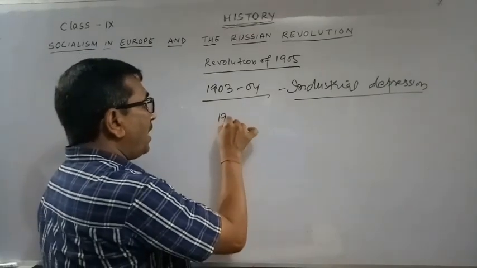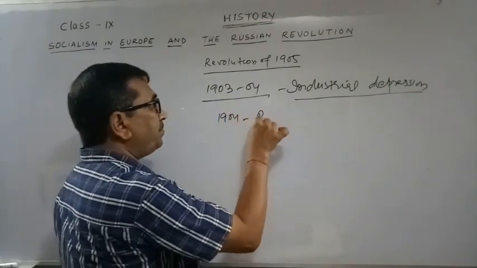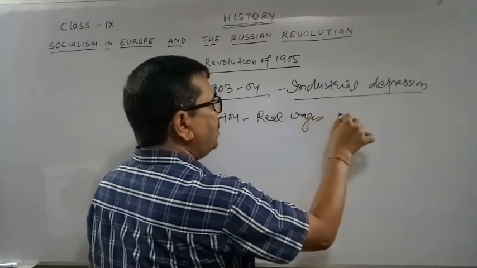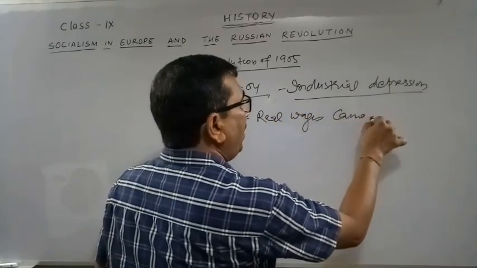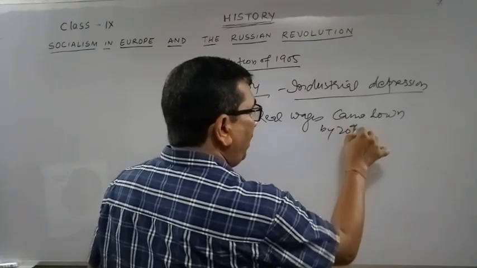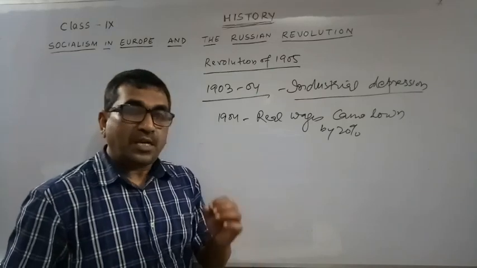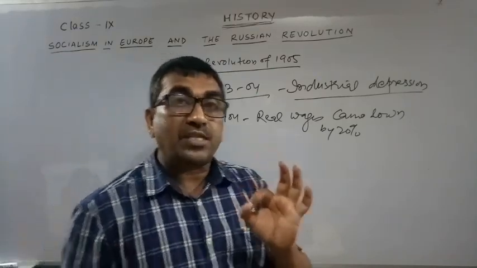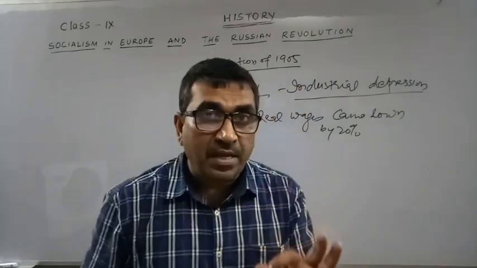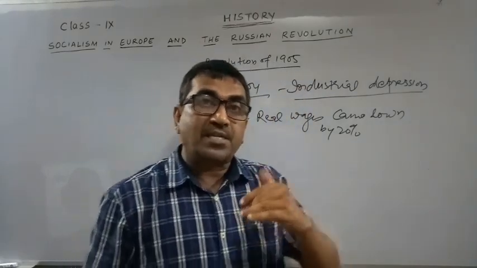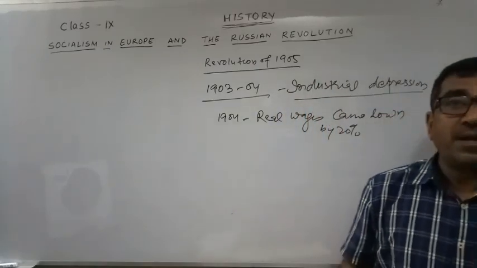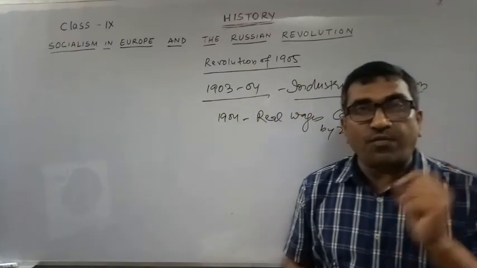In 1904, real wages came down by 20%. See the conditions. Now they were able to purchase fewer goods and services with the amount they were given because the prices increased. Unemployment was common and they were getting reduced wages.